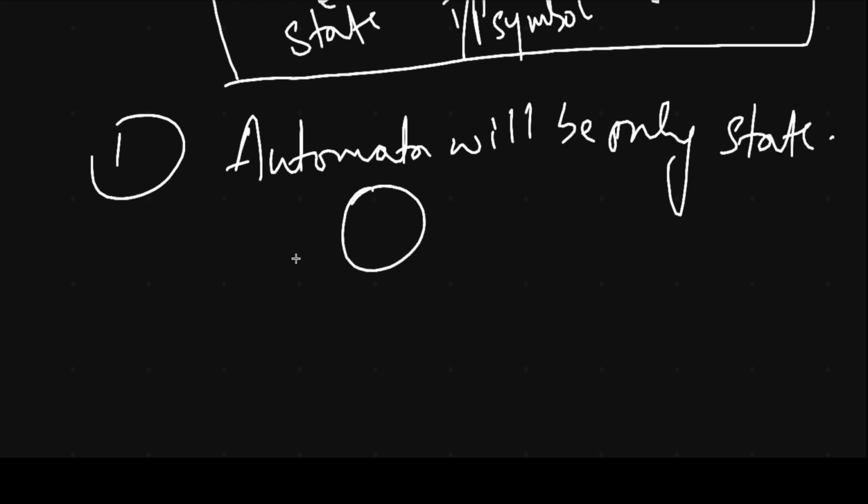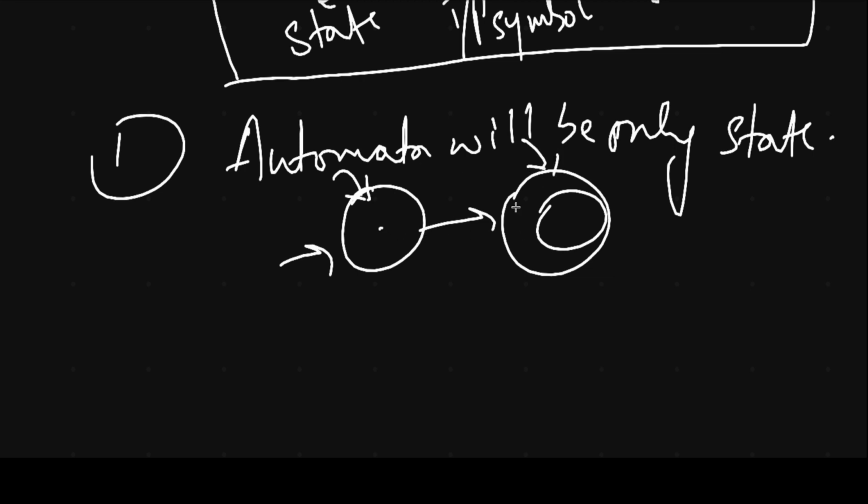For example, in this DFA it is either this state or that state at a time, not both. Second, the next state of the automata depends on the present state and the present input.